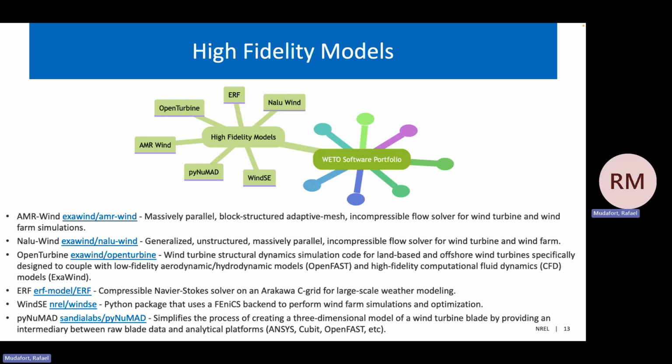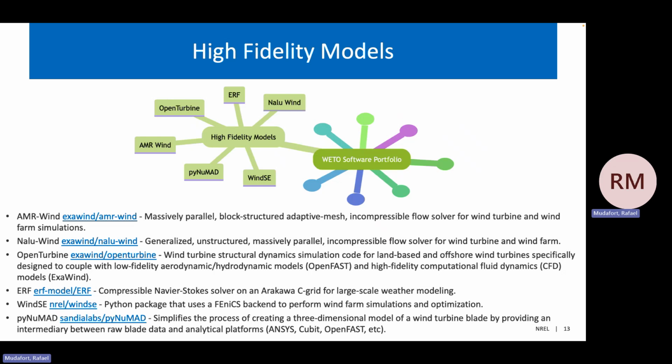EARTH is the energy resource and forecasting model, a high fidelity weather research model. And WindSC is a RANS CFD code, so also high fidelity, but somewhere in between the engineering models and the high fidelity AMR-Wind stack.